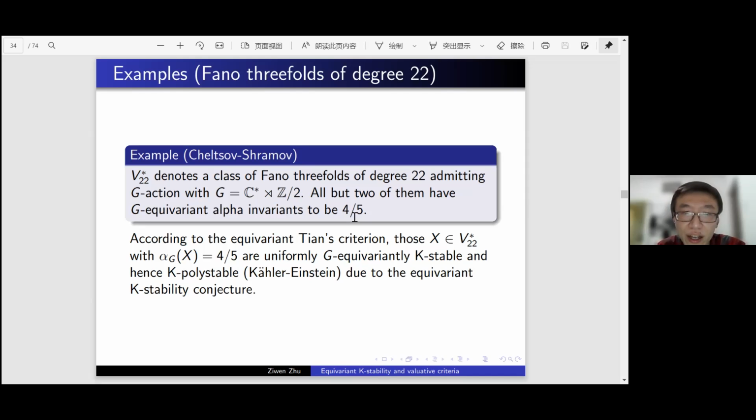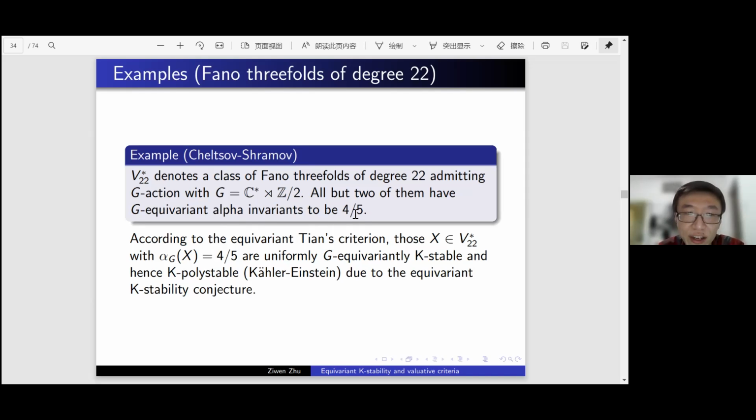In a lot of cases, computing equivariant alpha invariants is simpler when we have symmetry. Also in this case, if we try to directly compute alpha invariants, the alpha invariants are not big enough for us to apply Tian's criterion directly, but the equivariant alpha invariant is actually large enough.